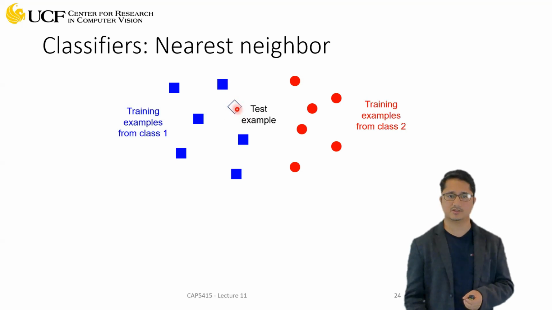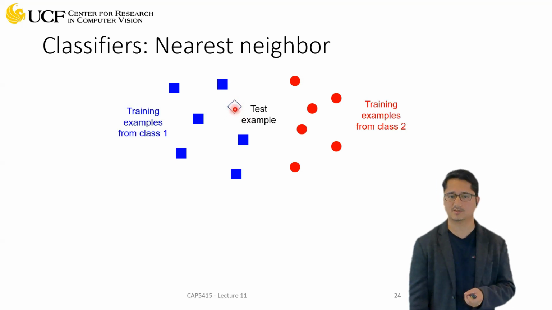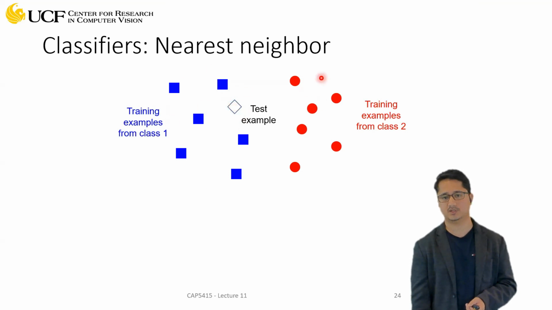Now, if I ask which category this sample belongs to, what would we do as humans? We'd see that it seems closer to these samples and far away from these red samples, so most probably this is a blue sample. That's the intuition. What we do is compute the distance between this sample and all the training samples, including all the red samples.